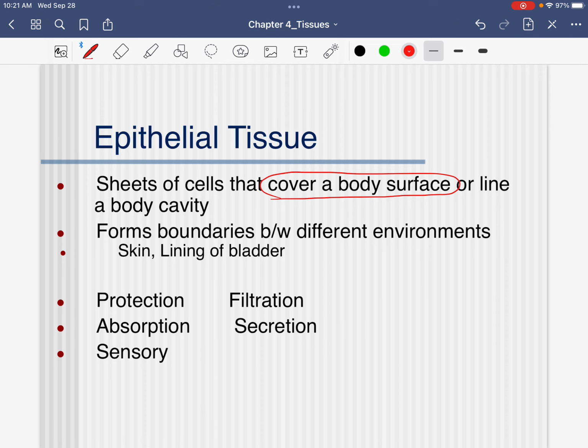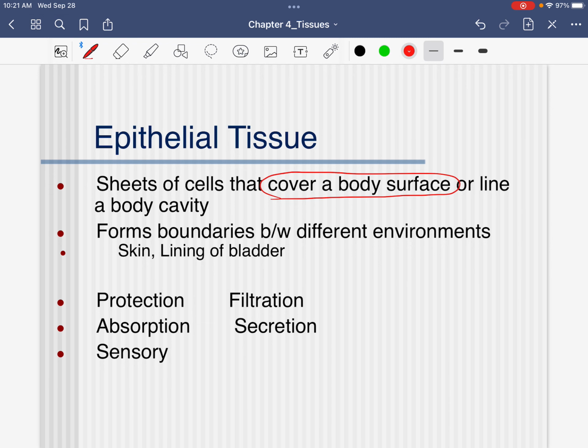Your skin is an example of epithelial tissue. The inner lining of pretty much every organ is epithelial tissue. So it tends to cover things. We're going to talk more specifically about its functions as we go along. So right now, you can probably leave it at that. As a category, in general, epithelial tissue tends to cover things.